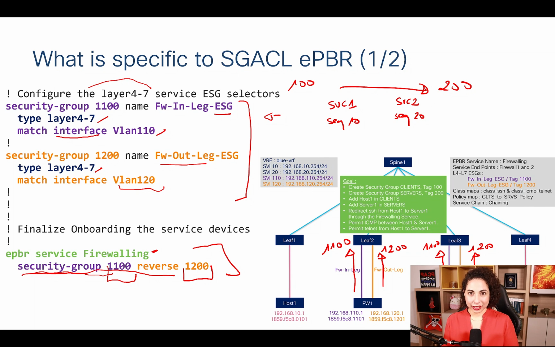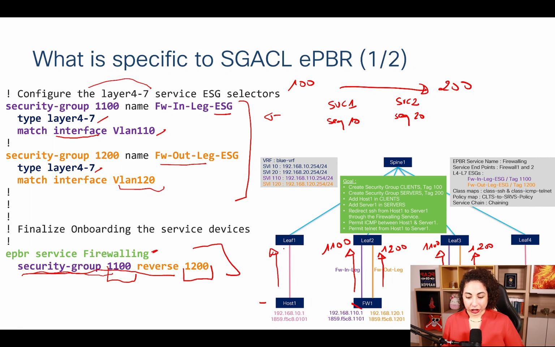and this specific tagging. Okay, so now let's consider our traffic going from host 1 to server 1, and just for the sake of demonstration, let's assume that it will cross firewall 1, so firewall 1 is picked for this traffic among the two. The traffic is received by leaf 1.